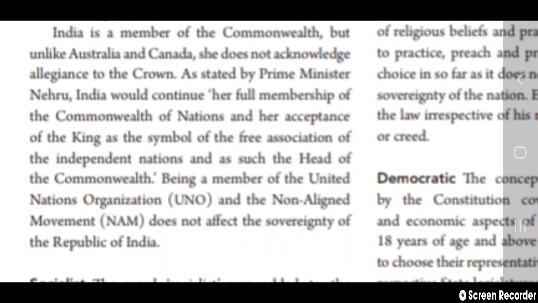India is a member of the Commonwealth, but unlike Australia and Canada, she does not acknowledge allegiance to the Crown.